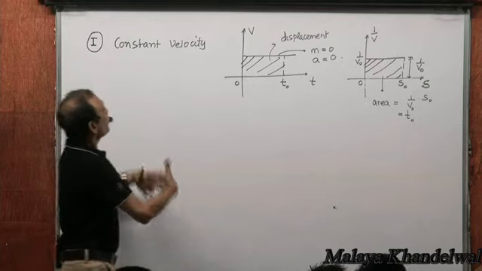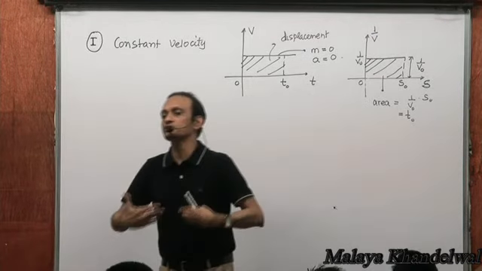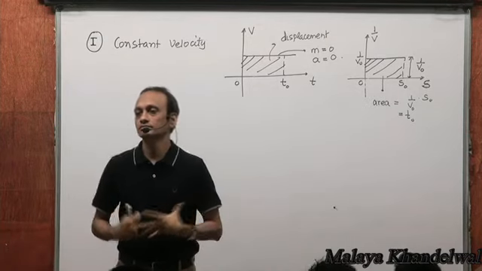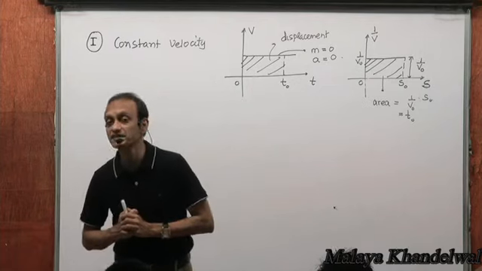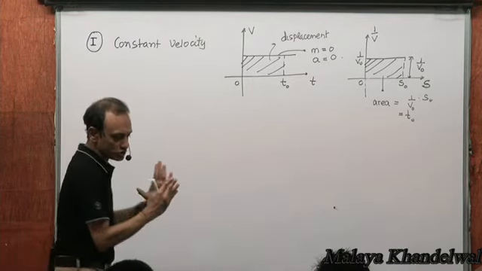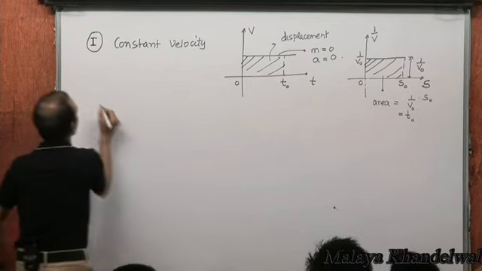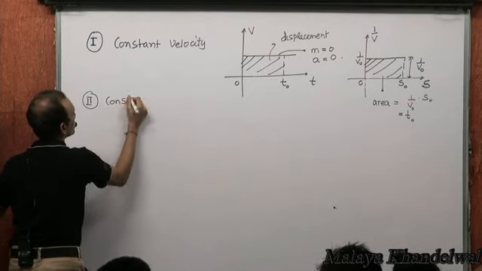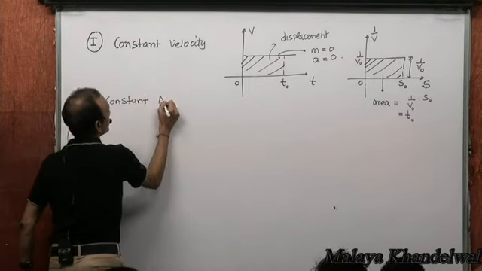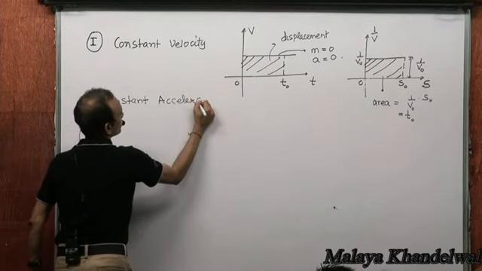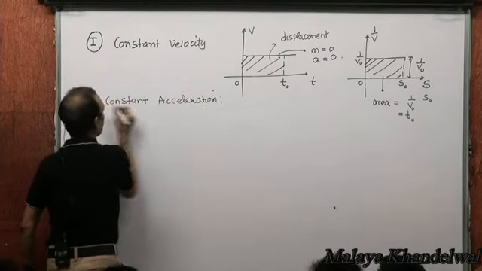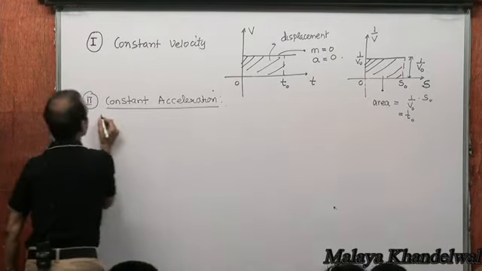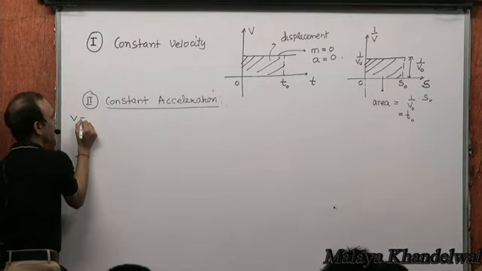Now, whatever I have said of the constant velocity situation is also true in principle for constant acceleration. Again, all one-dimensional motion, particle moving along a straight line. So if we had, say, constant acceleration, then I mentioned to you that there were 3 equations of motion that we obtained for a particle with constant acceleration.